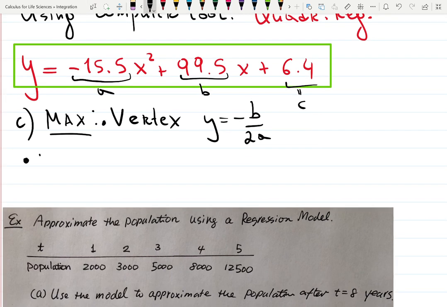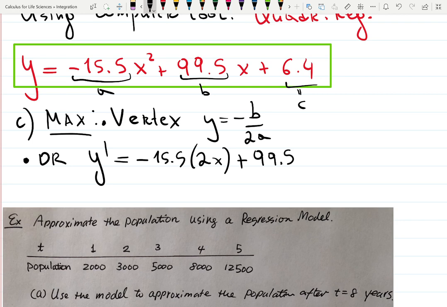Or we can use finally our derivatives. If I differentiate and set something equal to 0, then it will give me maximums or minimums, if you remember. So maybe let's do that, because it's also kind of fast and fun. Y prime is minus 15.5 times 2x plus 99.5.